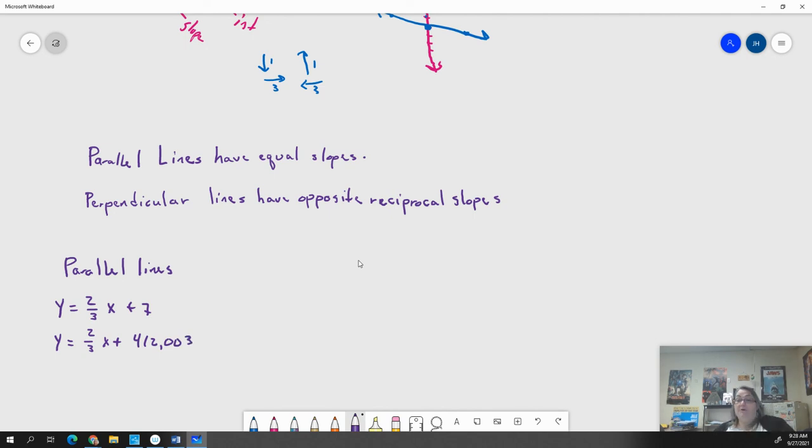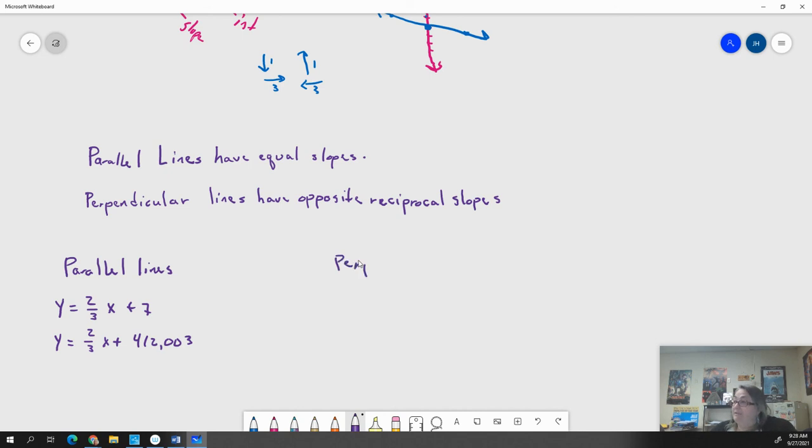No matter what, those lines are always going to be parallel. They are going to be 411,996 units apart all the time, right? And they have the same slope. It's always going to be 2/3 x for each, no matter what. And anything with a slope of 2/3 is going to be parallel to those lines, right?